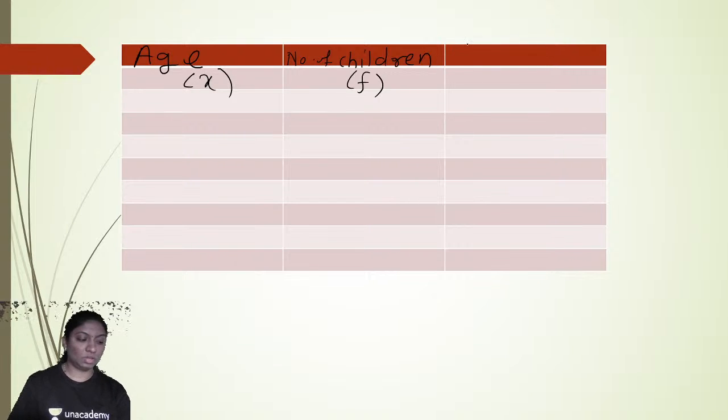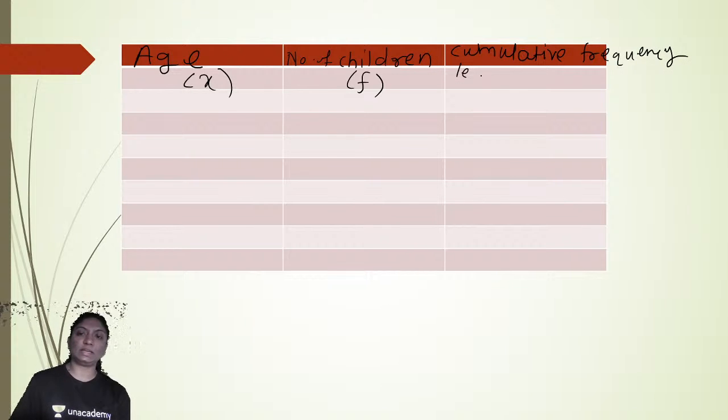Then cumulative frequency, less than type. You also know how to calculate it, less than type. That will be your CF.